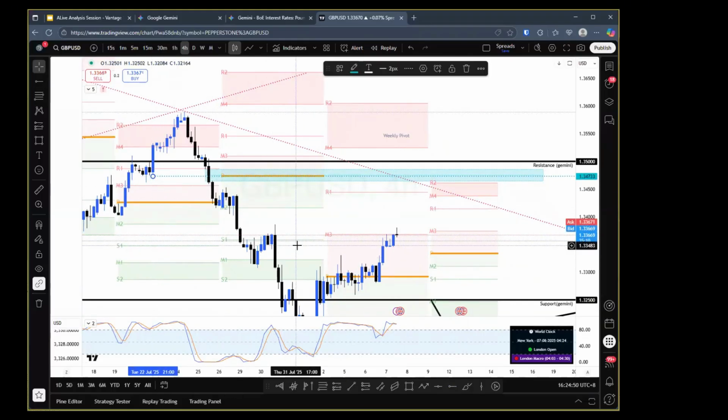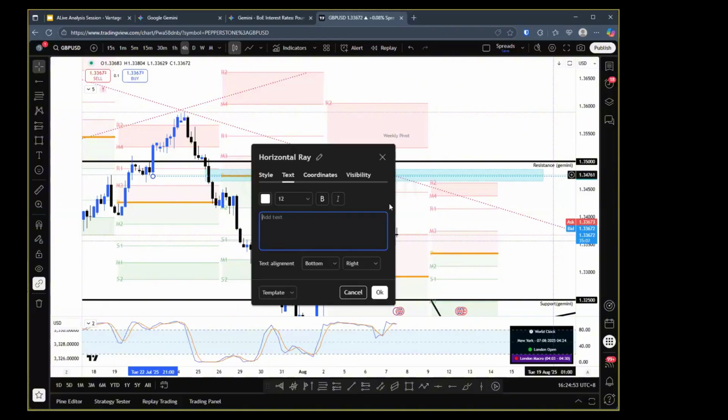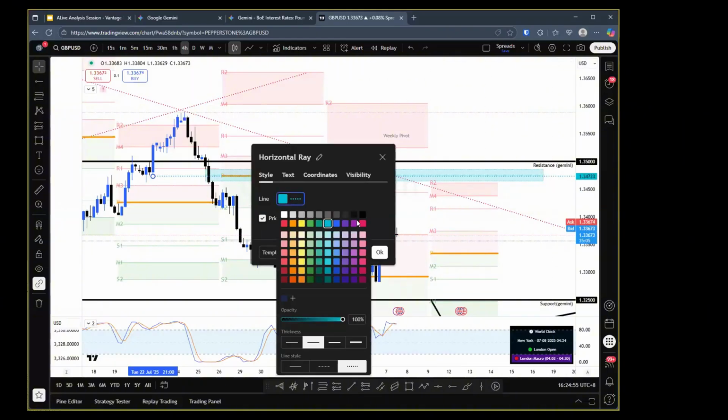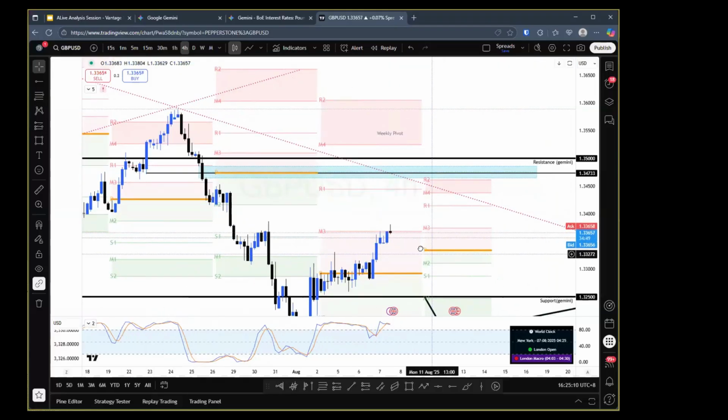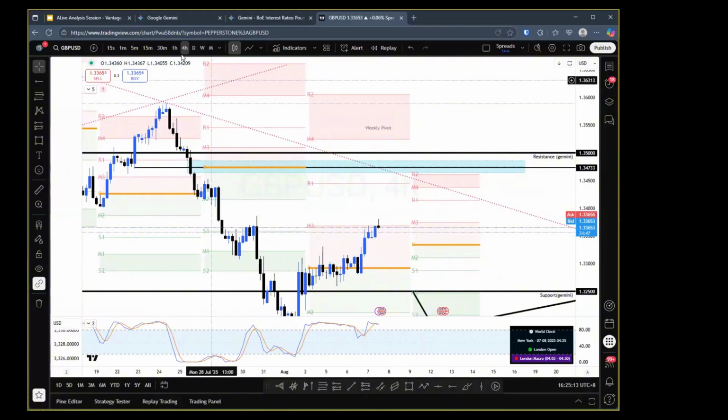I'm going to highlight this a little bit darker to show that, okay, this is our analysis, just slightly below the resistance where Gemini told us to hold it. This is kind of the weekly plot. So essentially, I would want this wick to be bullish all the way up into this area before I start looking for sells.